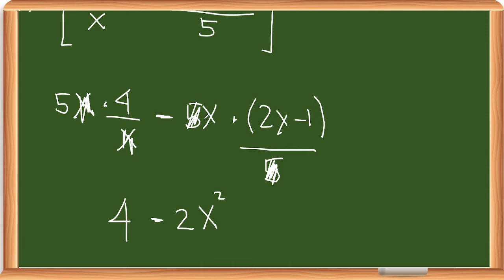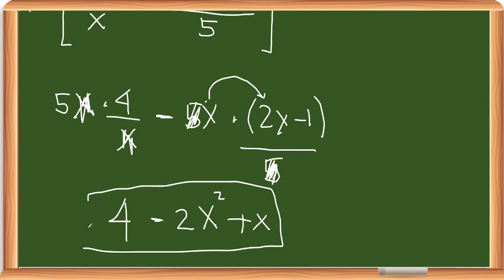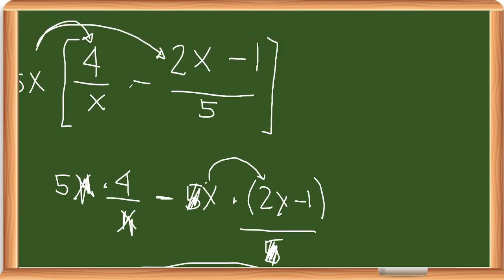And then next, negative x times negative 1 is positive x. Let me repeat: since x remains here and the 5 is gone, you still need to distribute it to the terms in the parentheses. Negative x times 2x becomes negative 2x squared, and negative x times negative 1 becomes positive x. So this is the simplified expression for the original 4 over x minus (2x minus 1) over 5.